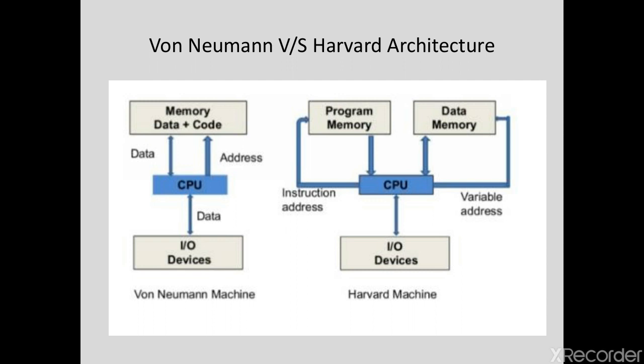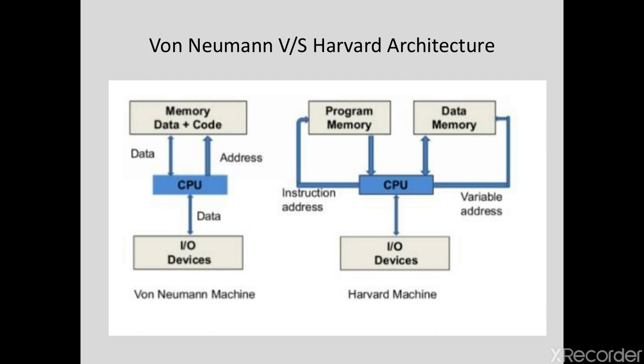So in the von Neumann machine, a single bus and a single memory location will be used for data and instruction set. Whereas in the Harvard machine, we have different memory locations for instructions as well as data.